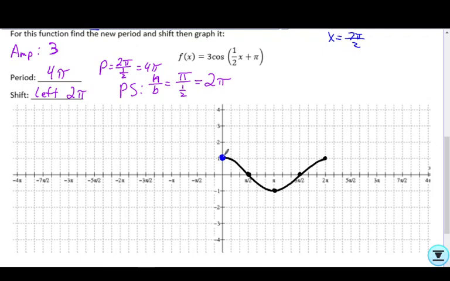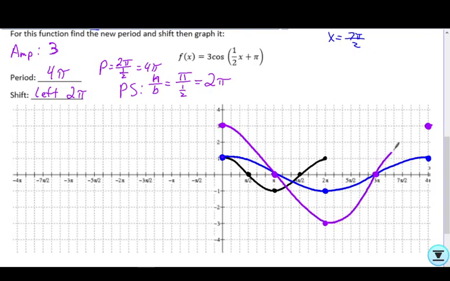Now my wave starts here, ends at 4 pi, middle at 2 pi, my zeros at pi and 3 pi. So here is my horizontal stretch. We also have our change in amplitude, which means my maximums and minimums get stretched to 3 and to negative 3. So here we go, there's my change in amplitude.